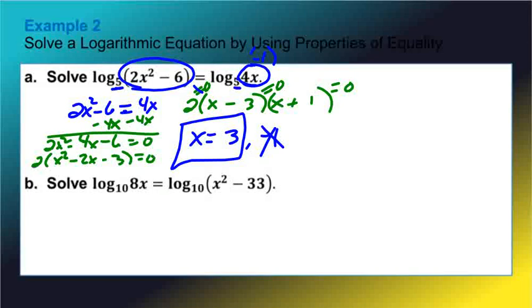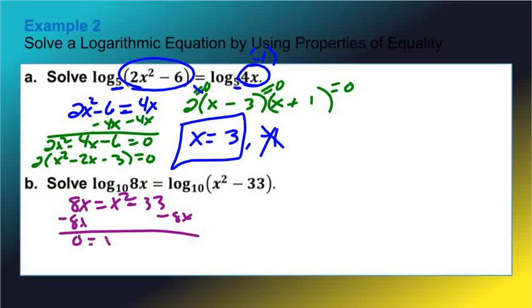Next one, solve this one. Bases are the same. So now I have 8x equaling x squared minus 33. Make this equal to 0. I'm going to subtract 8x on both sides. And now I have 0 equaling x squared minus 8x minus 33.